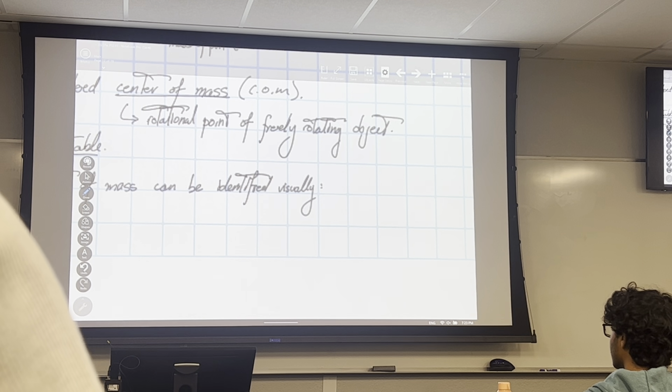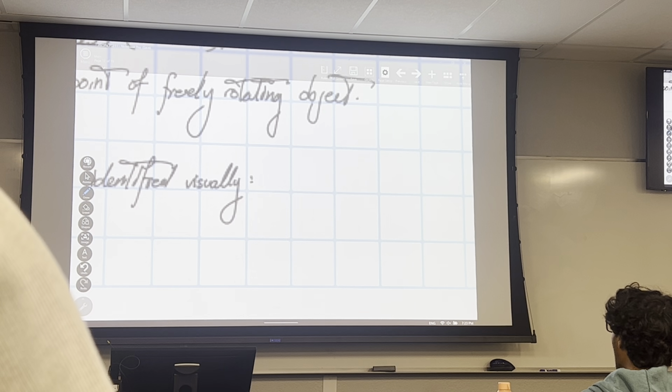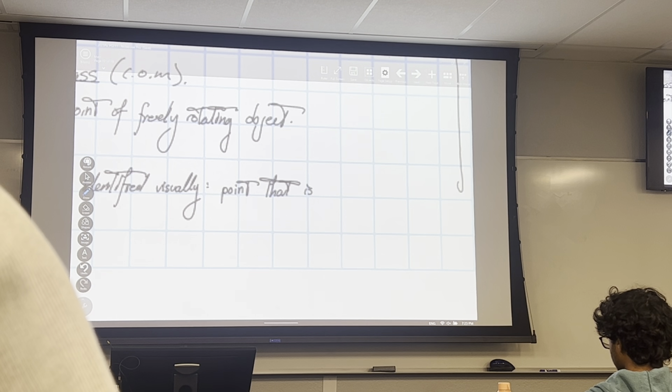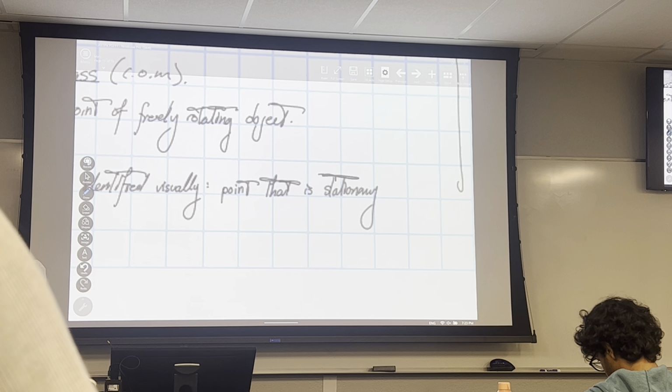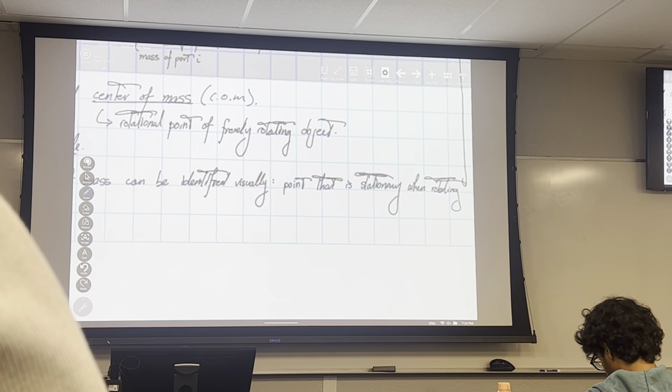Essentially, it's stationary. That would be the center of mass. So it's a point that is stationary when rotating. So that's the visual way.